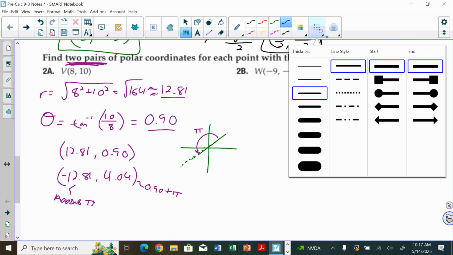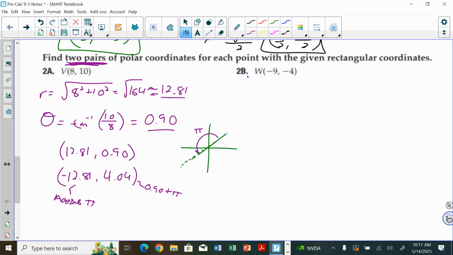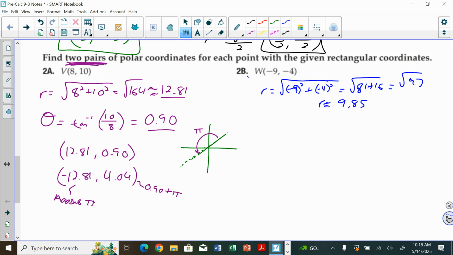So again, r is pretty simple, straightforward to you. R is going to be square root of negative 9 squared plus negative 4 squared, which is going to be 81 plus 16, which is going to be the square root of 97. So R is about 9.85. About. Okay. For theta, now we've got x is less than 0, right?